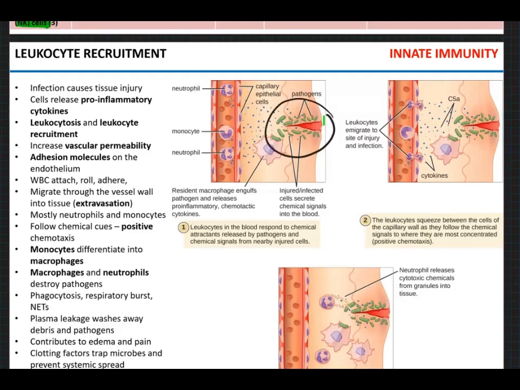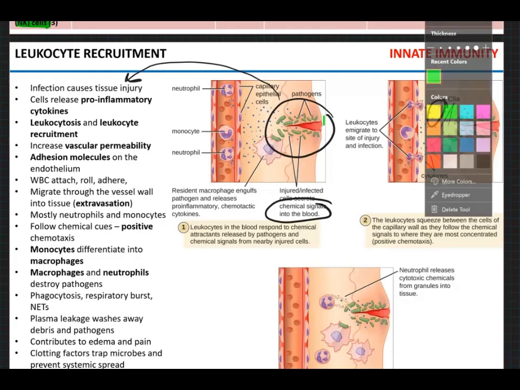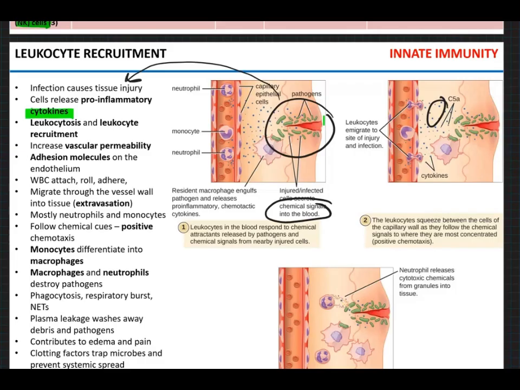So this infection, obviously, is the injury to the tissue, and the injured cells release chemical signals, these molecules called cytokines. And the name cytokine: cyto, cell; kine, movement. They make cells move. So these cytokines get in the bloodstream.